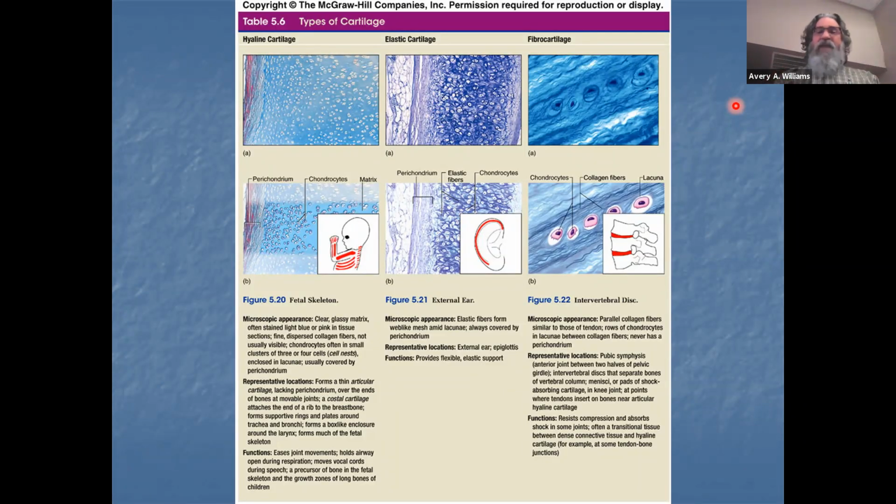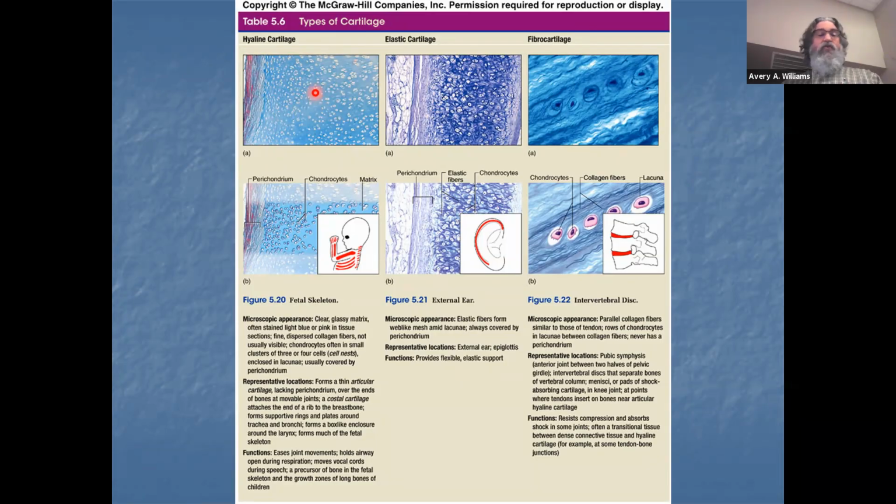the cells have to be accommodated with their own little environment. And so if you look carefully in the matrix of all cartilages, it shows really well on hyaline cartilage. You can see that it's pitted. You see this photomicrograph right here? It almost looks like blue Swiss cheese or something. And those little bitty holes you see, little pits, are called lacunae.